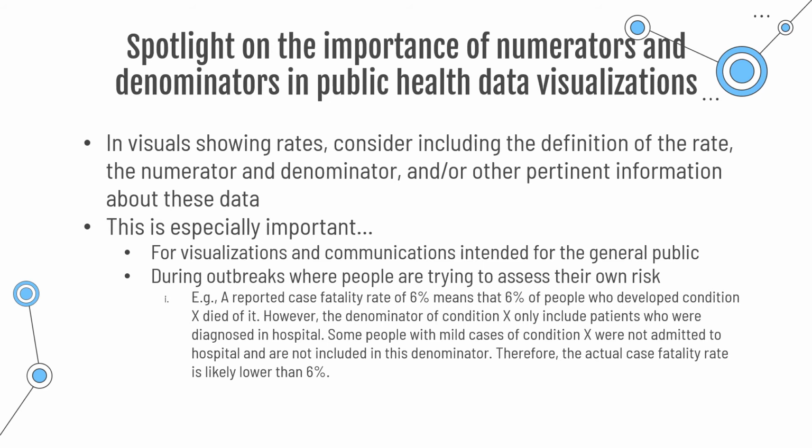Therefore, the actual case fatality rate is likely lower than 6%. So in this example, including this caveat and that the rate is actually likely lower than 6% would be important to include in a communication for the general public who might be trying to assess their risk of condition X.